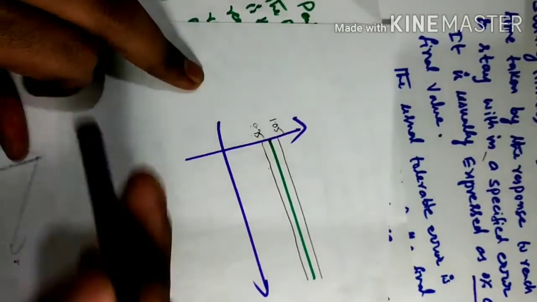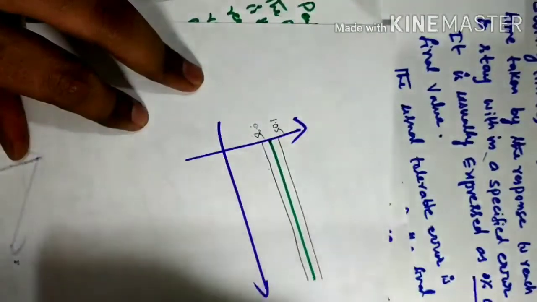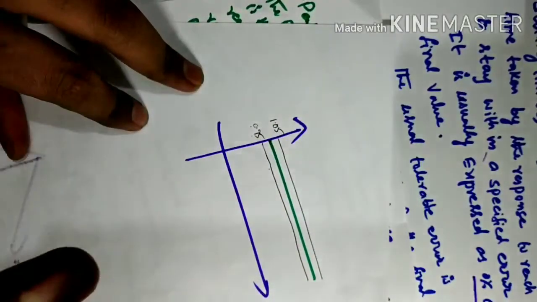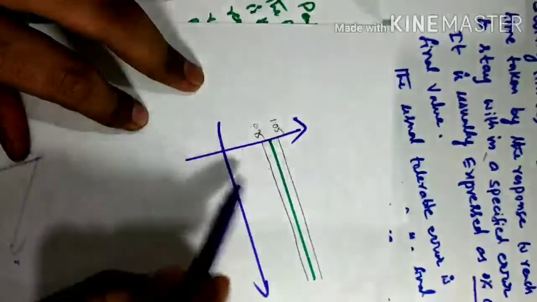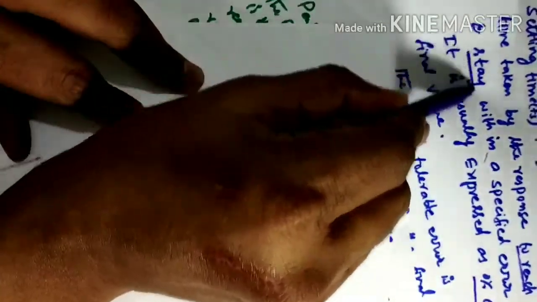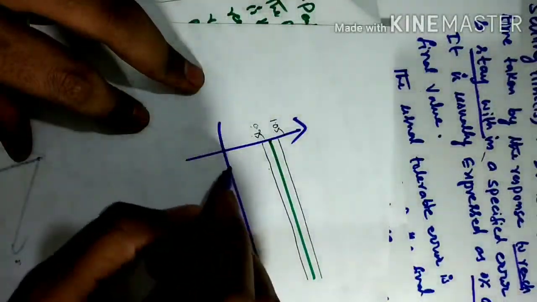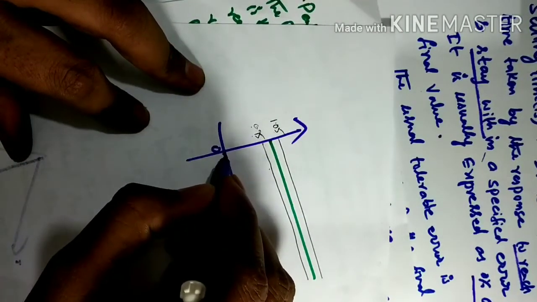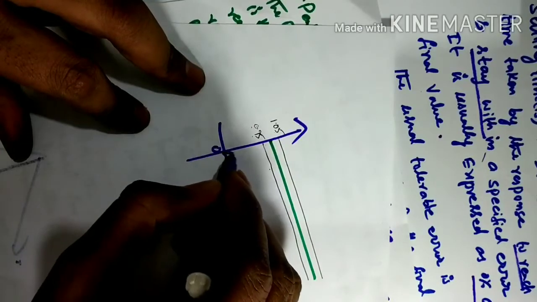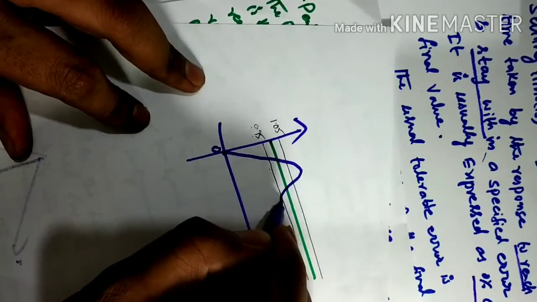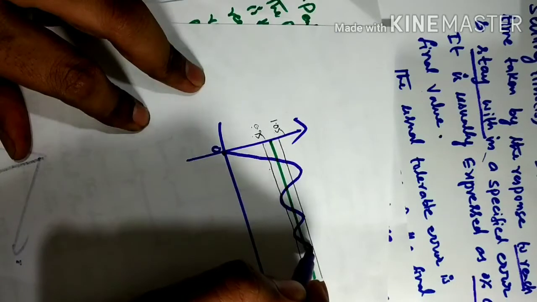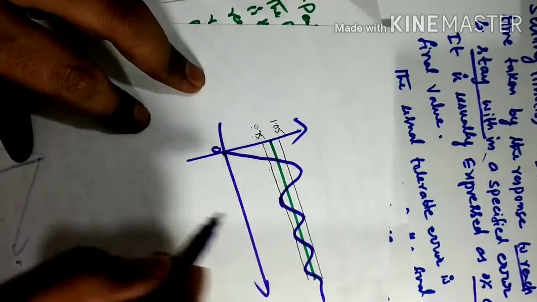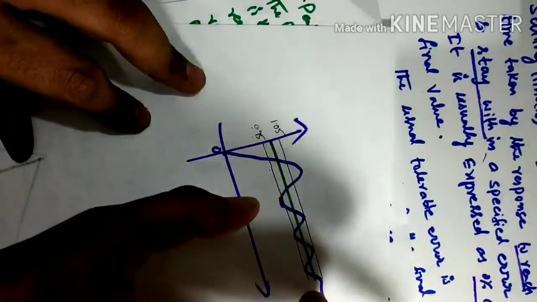Settling time is defined as the time taken by the response to reach and stay. So to reach and stay, see, this response is reaching and staying within a specified error.